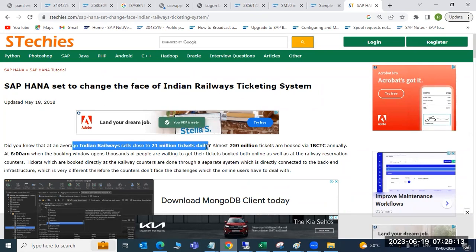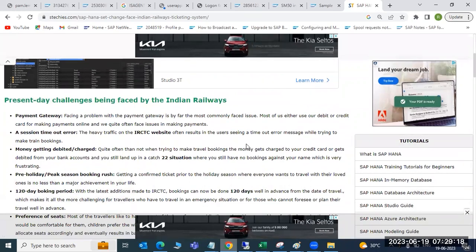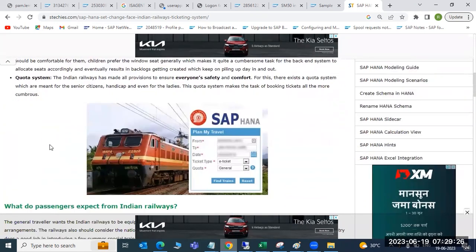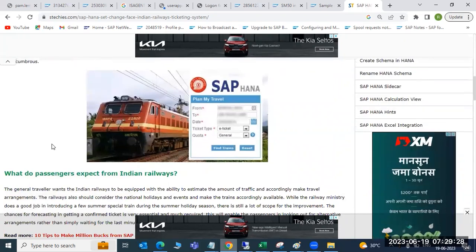That figure is from a long time back; they have updated it, and maybe it's more now. They are ticketing through IRCTC, and not only that, the payments, money getting charged and debited, the booking period, everything they have changed.